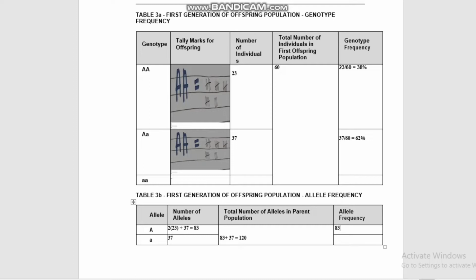83 number of allele divide by total number of allele in parent population.